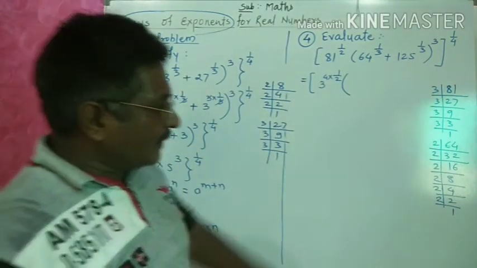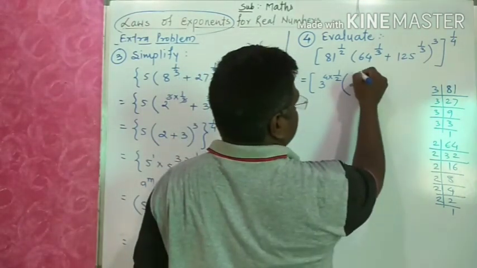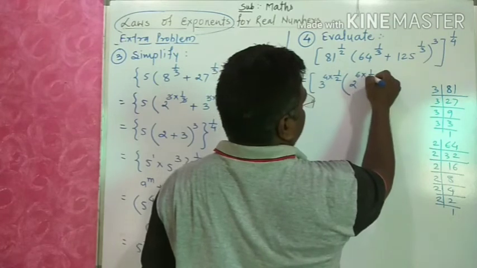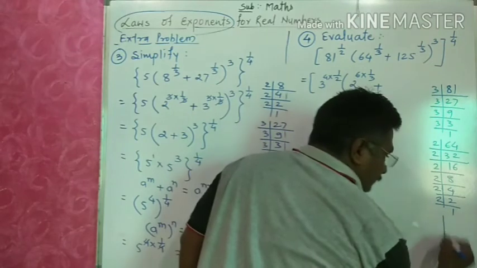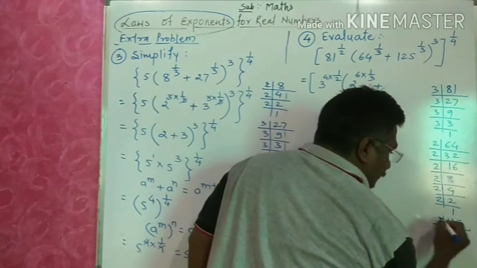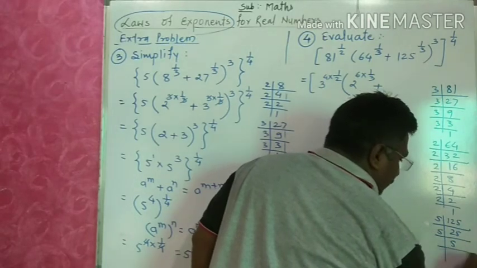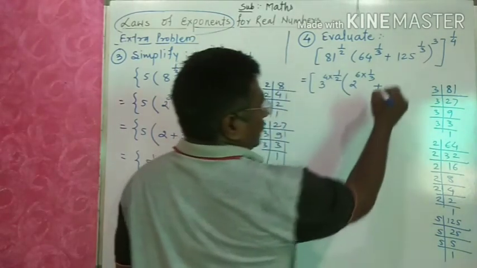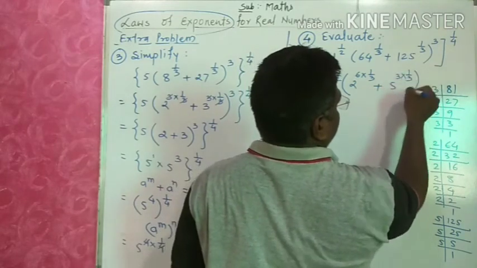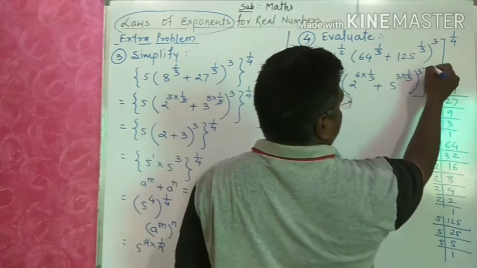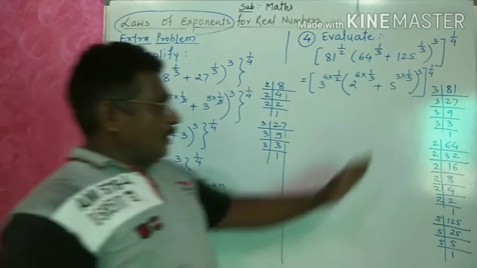So how can we write 64? 2 raised to the power 6 into 1 by 3 plus 125, 5 25s are, 5 5s are, 5 1s are. Means 5 raised to the power 3 into 1 by 3 whole cube, whole raised to the power 1 by 4.